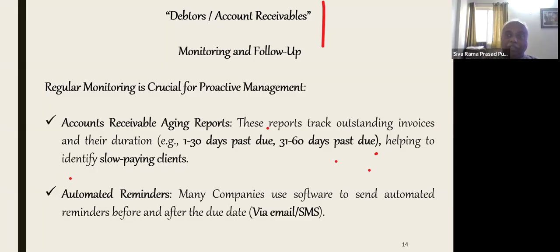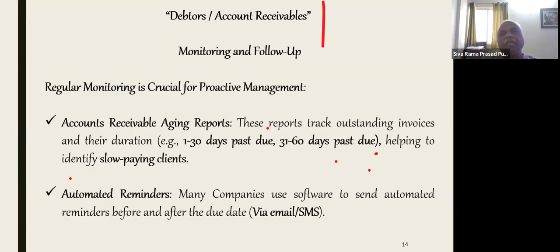And 30 to 40, the 1 to 30 days and 31 to 60 days, helping identify the slow-paying clients. Automated reminders: many companies are using software to send automated reminders on the due date, or 3 days before. Even today, banks do this.